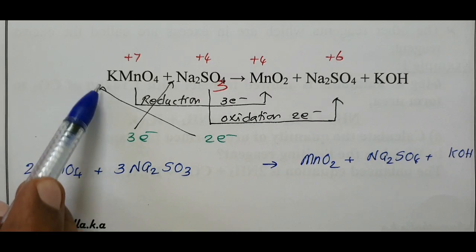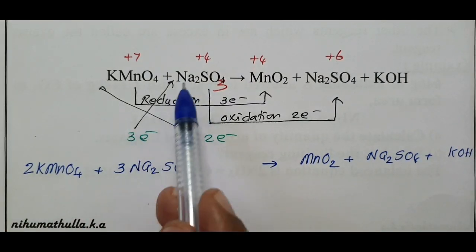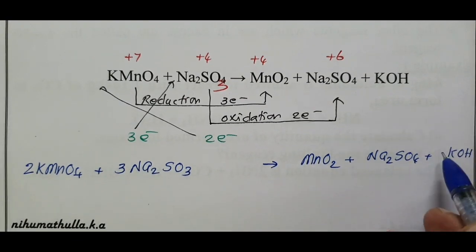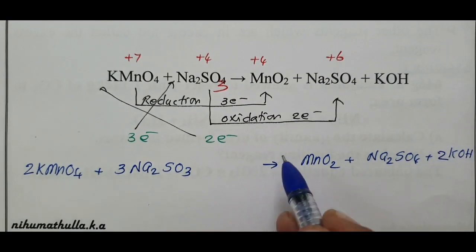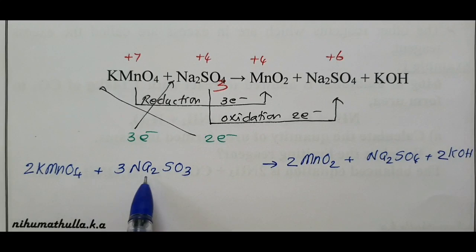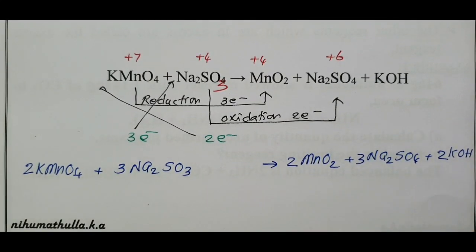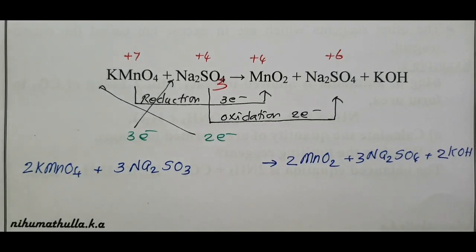So potassium permanganate is multiplied by 2, sodium sulfate is multiplied by 3. Now we have to balance the other element. 2 potassium, 2 manganese, 3 into 2 are 6 sodium, 3 sulfur. Now balance oxygen atom.